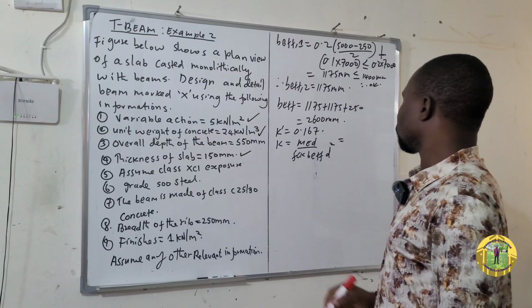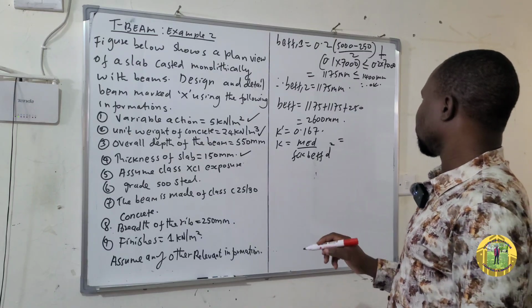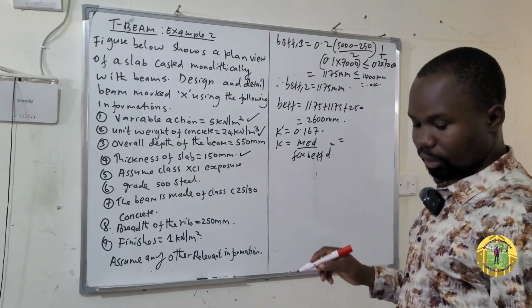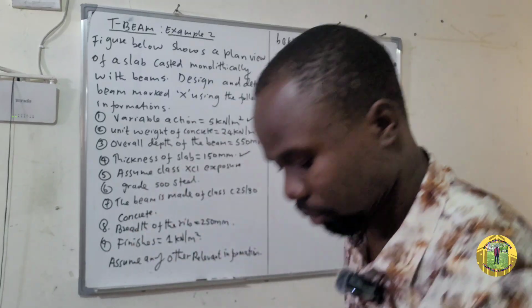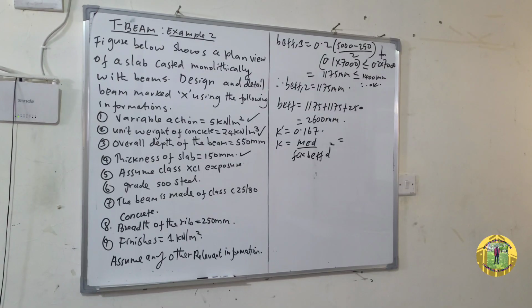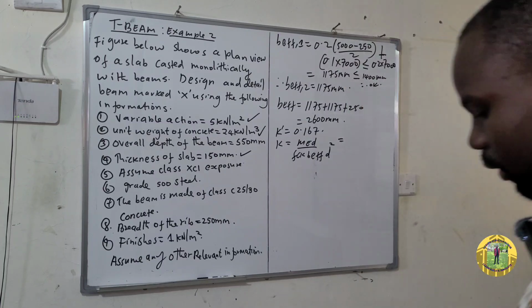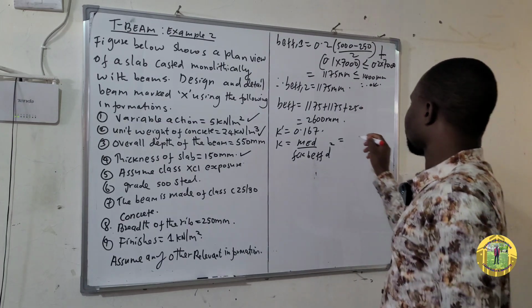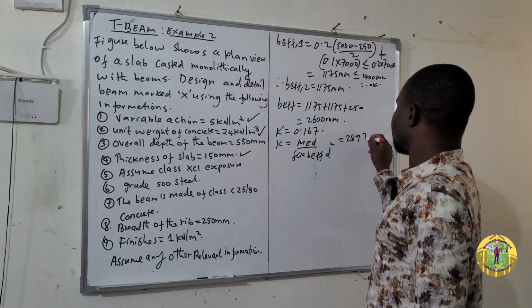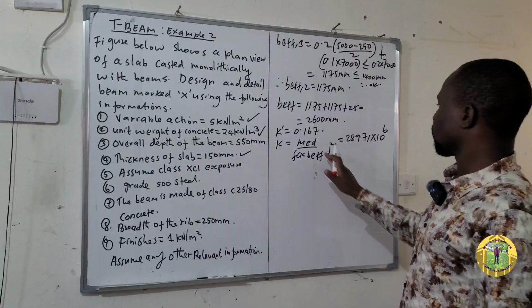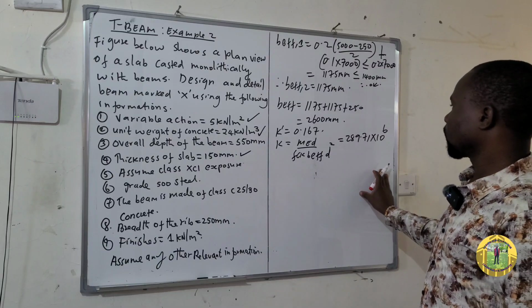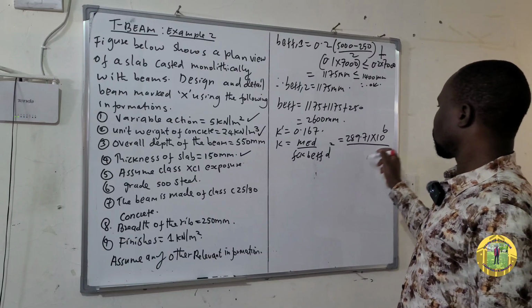So this one is equal to MED. Let me check for MED. MED is equal to 289.71 multiplied by 10 to power of 6 to change it from kilonewton meter to newton millimeter, all over FCK.